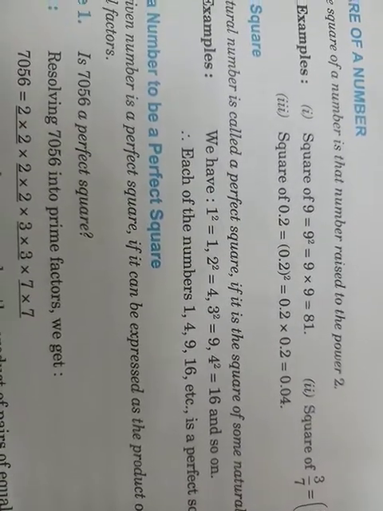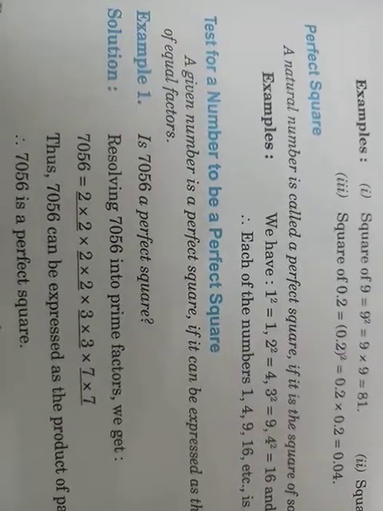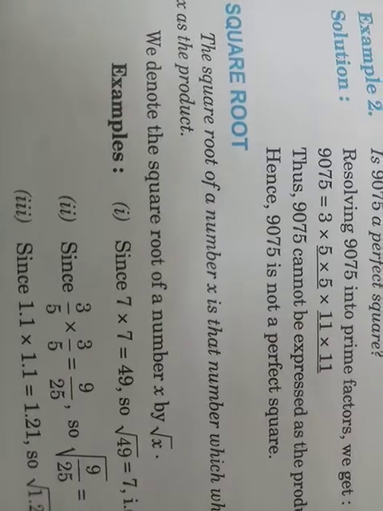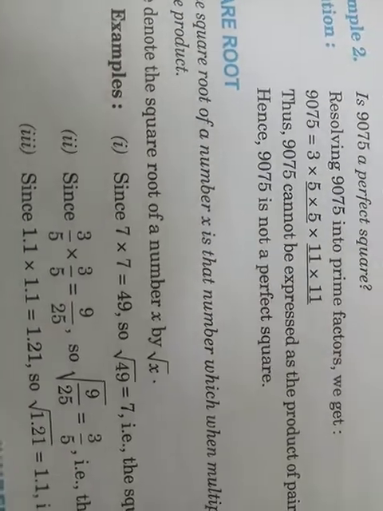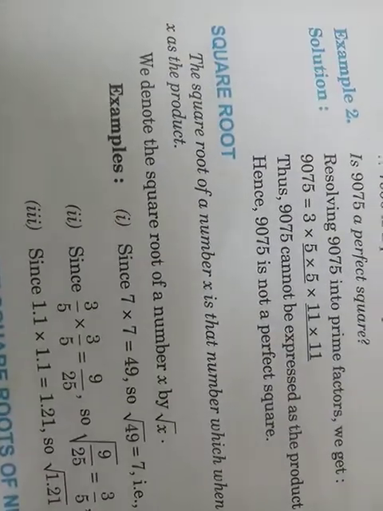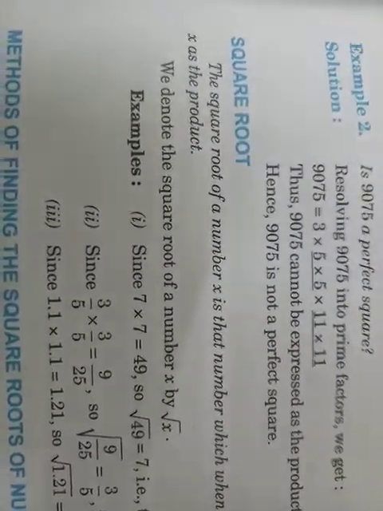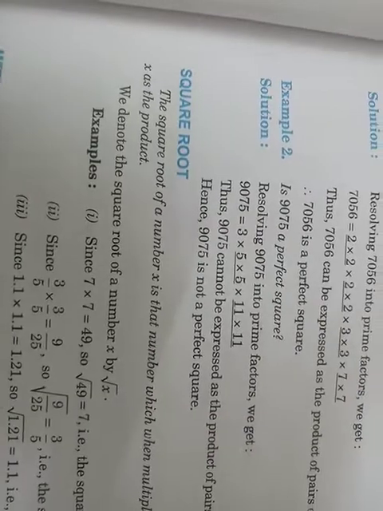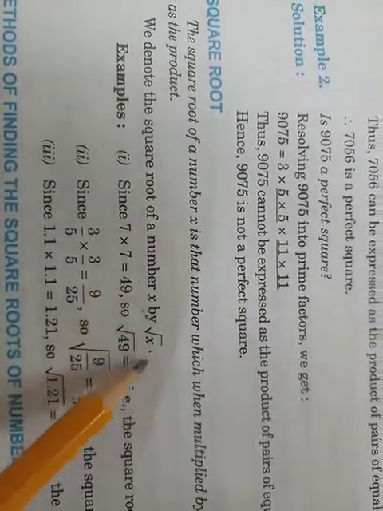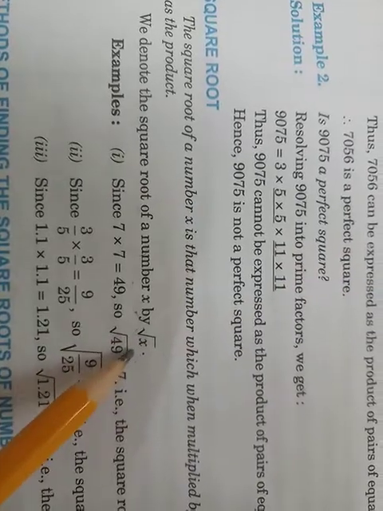If it is possible, then it is a perfect square number. Then I come to the square root. The square root of a number is that number which when multiplied by itself gives you x as the product. See, this is the symbol for square root. If I say square root of x, then we represent it this way.